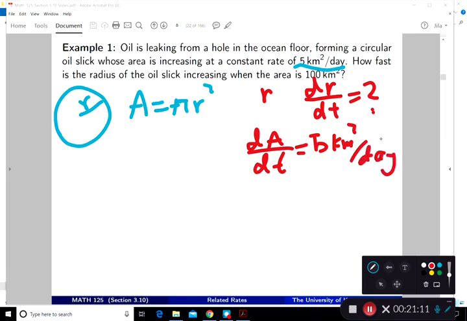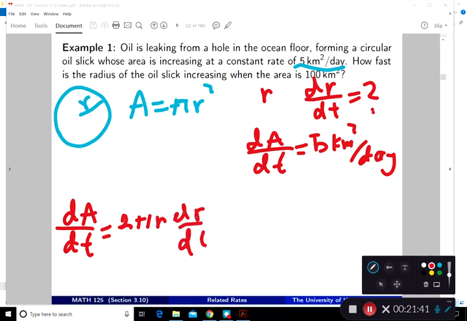Now, let's just keep all the information that we have and try to take the derivative of both sides, to see how the change in area is related to change in radius. When I do that, I see dA/dt is equal to pi times 2r, which is 2 pi r, and then the derivative of the inside, r squared, inside is r, dr/dt.